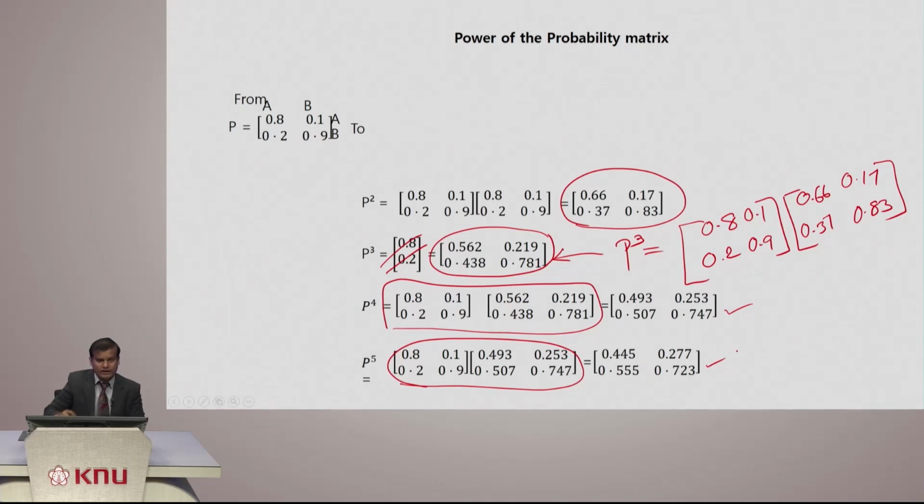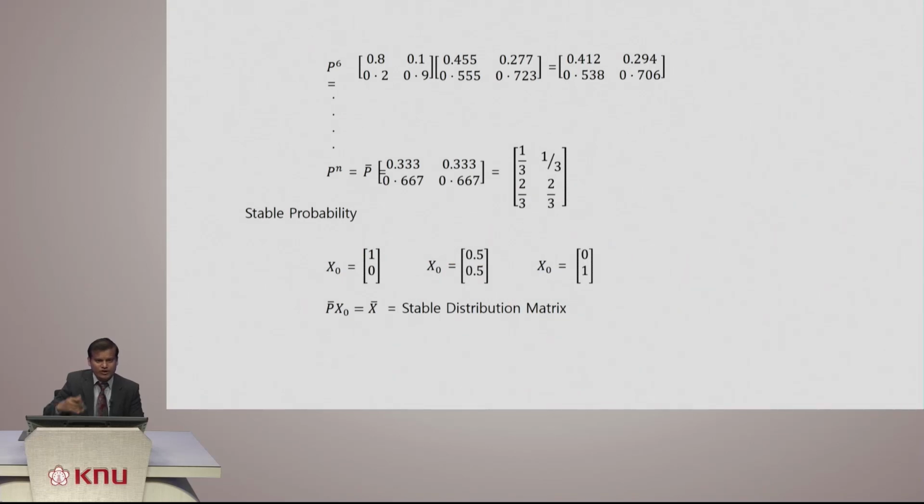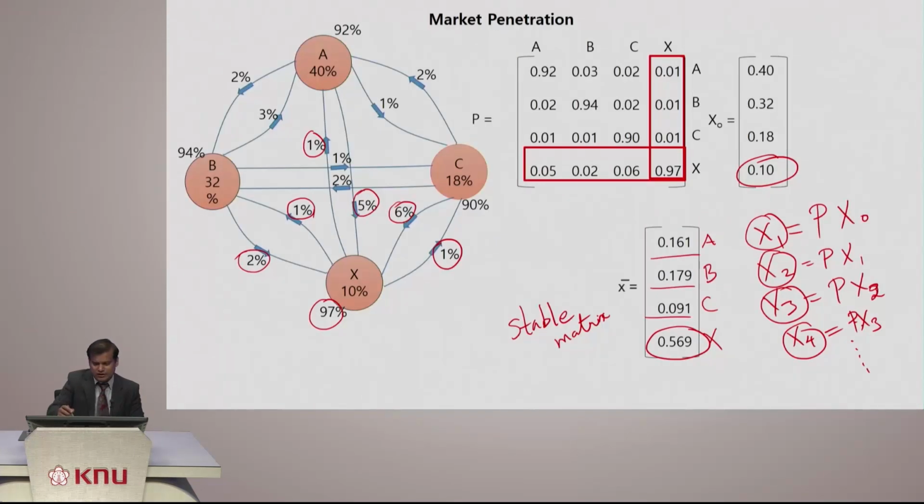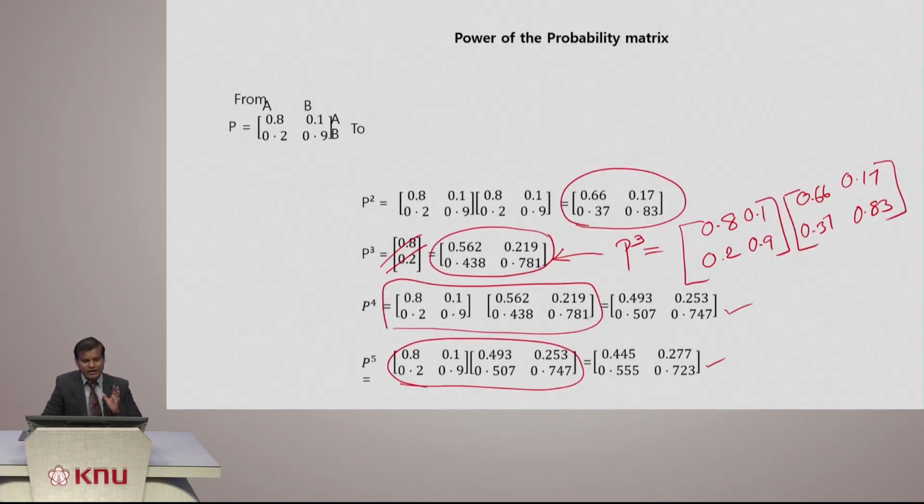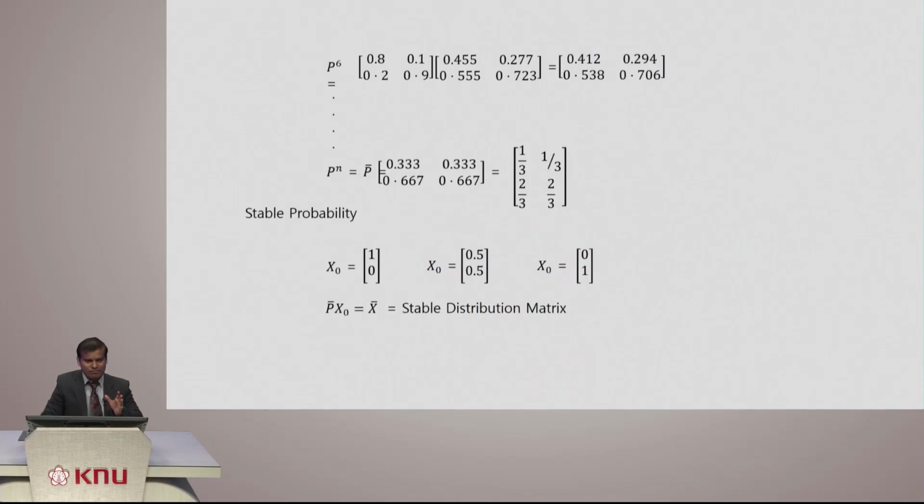So this is how we get the power of the probability matrix that you have in hand, and you keep on doing this until, again, you reach stability. We talked about the initial condition x0, x1, x2, x3, until we reach a stability of x bar. If you remember, in the past examples we have seen this, until we reached this x bar. But now we are going in a different direction, in which we look at the power of the probability matrix, and the power of the probability matrix also reaches its stability.